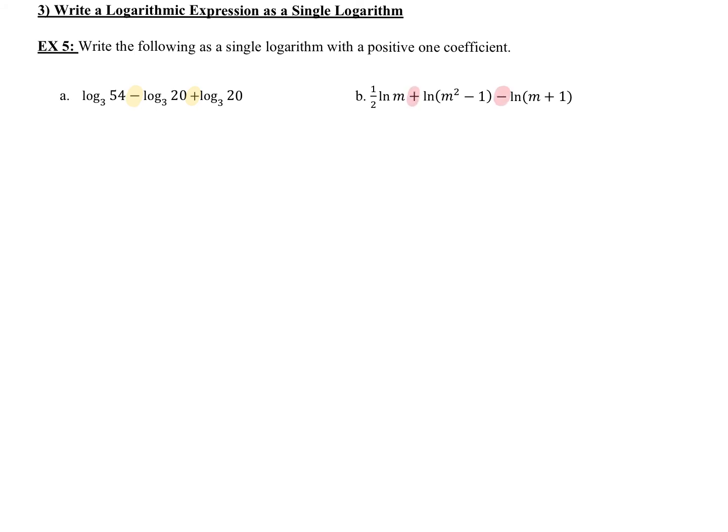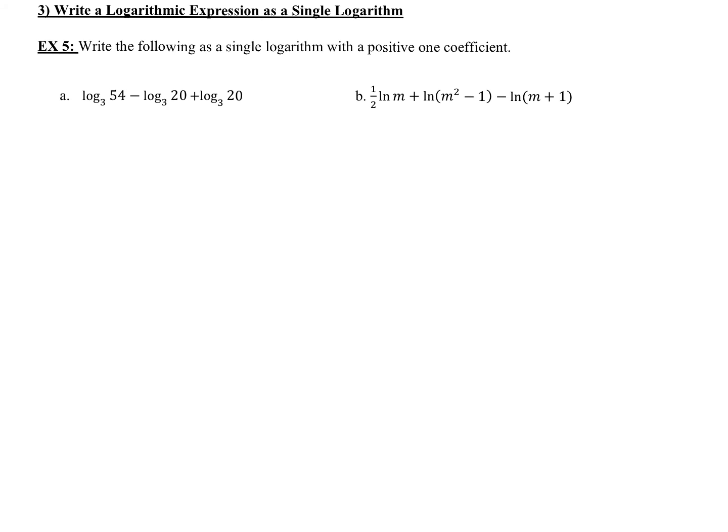Yeah, right here and right here. I don't count the values inside the arguments, because remember, we never look inside the arguments for addition or subtraction. Do I see any powers? I do see a power. I see that 1/2 in front, so I know I'm going to need to bring that up. All right, let's get started.